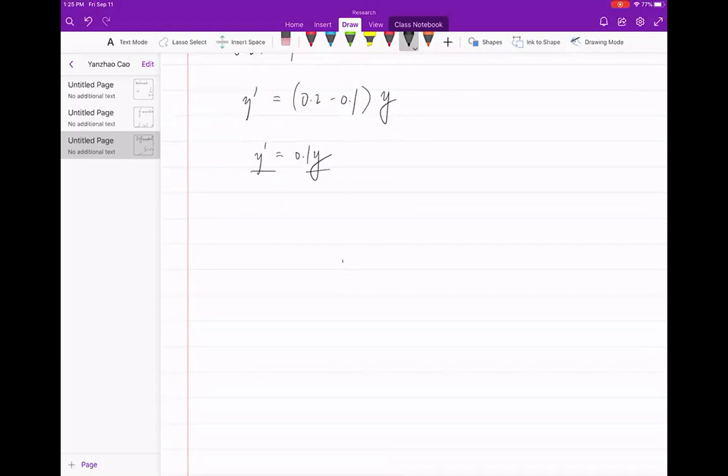So how do we solve it? Do you know a function where you take the derivative, it's basically itself times a constant? Does anybody know? If you know it, just open your mic and say it.